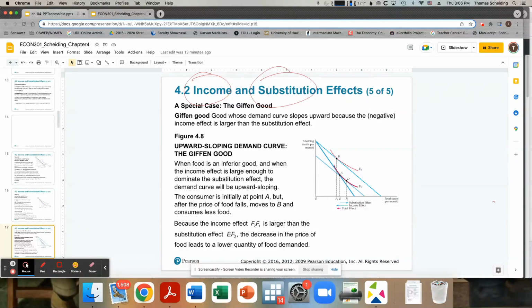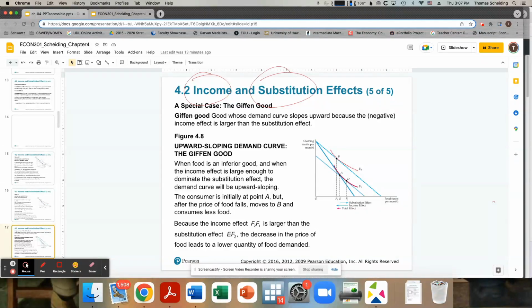I don't know why my discipline of economics focuses on this extreme. The extreme being the fact that there's a very special kind of good known as the Giffen good, where the demand curve is actually upward sloping. It is, in my opinion, the dumbest thing that people focus their attention on.